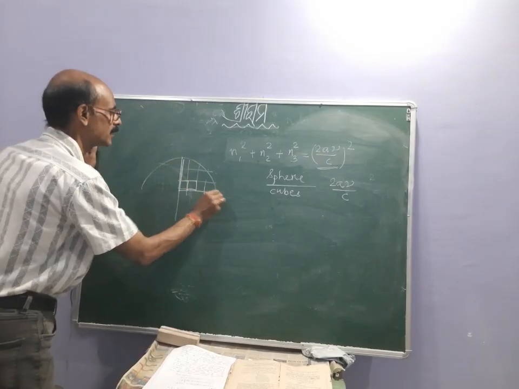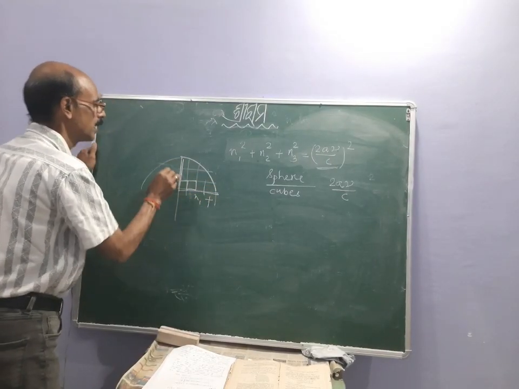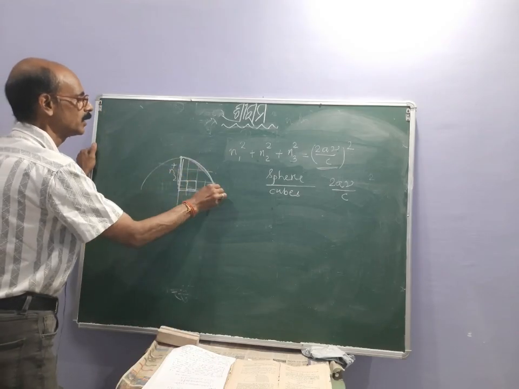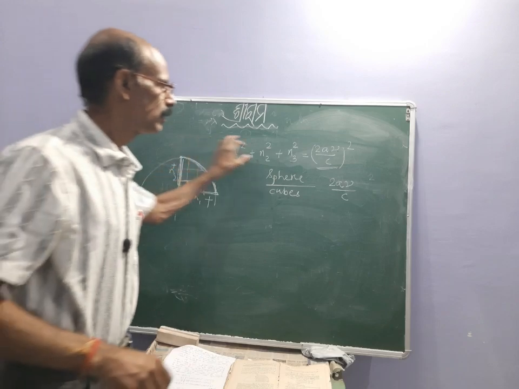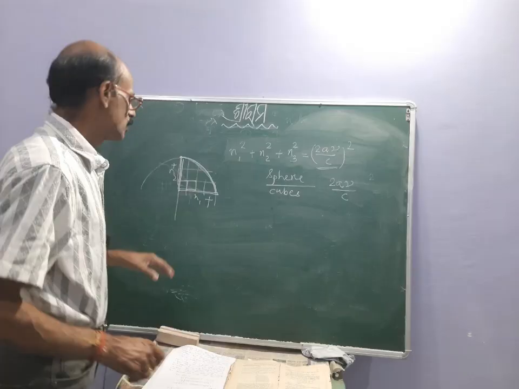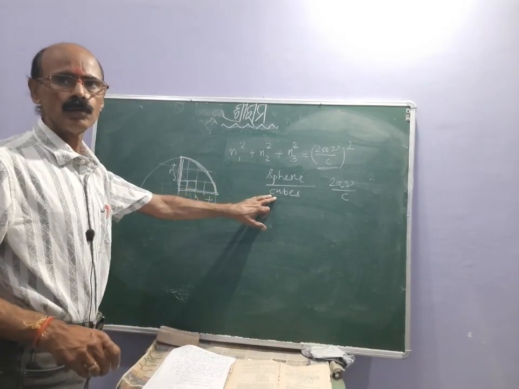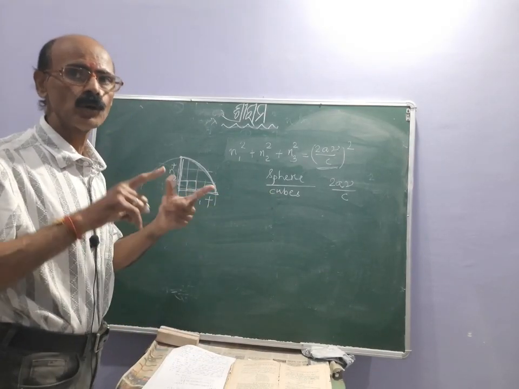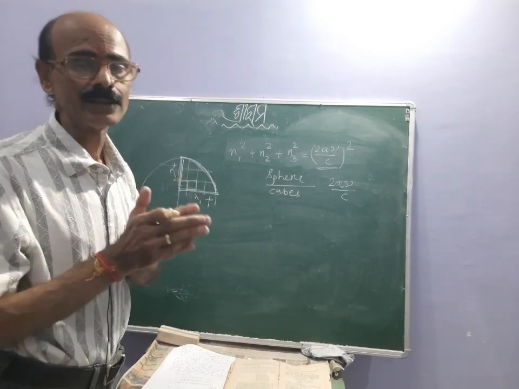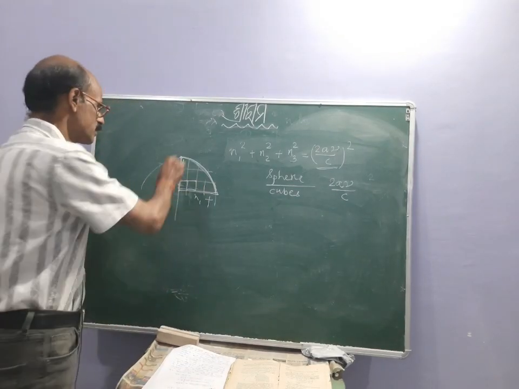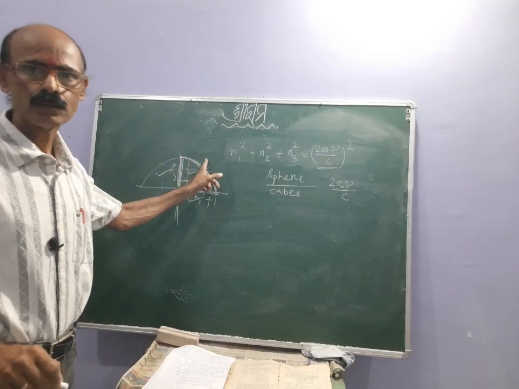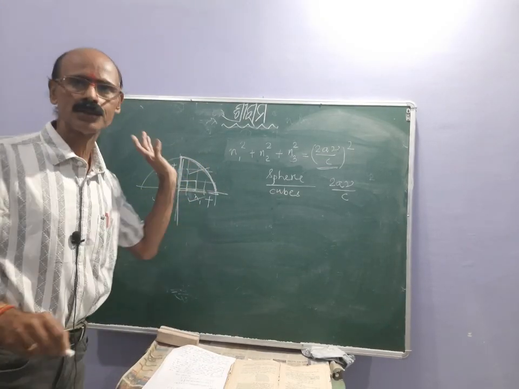Here we are taking the quadrant, n1 positive, n2 positive. This first quadrant will represent frequency less than ν. Similarly here n1, n2 and n3 are all positive. The volume enclosed by the first octant — here it is a quadrant because there are 4 parts: this is a quadrant, this is a quadrant, this is a quadrant, this is a quadrant.